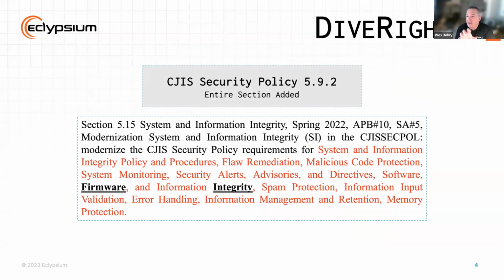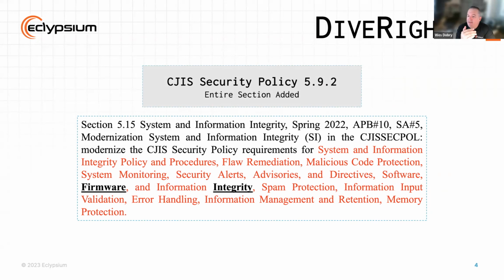So when we actually look at 592, there was an entire section added here. As you read through it, all the things in red are ultimately the things that have been added into the CJIS security policy, as you guys probably well know. Some of the things that were added that are very interesting are some new terms, things like firmware and integrity.